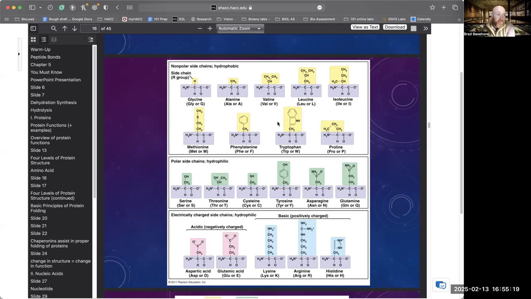And if anybody lifts weights or anything like that, you may have heard of the branched chain amino acids, or BCAAs. A lot of drinks you can get now say they contain BCAAs. Well, these three, valine, leucine, isoleucine, those are your branched chain amino acids. And you can see the R groups have a branched chain.